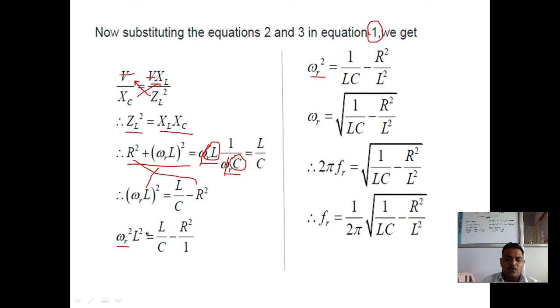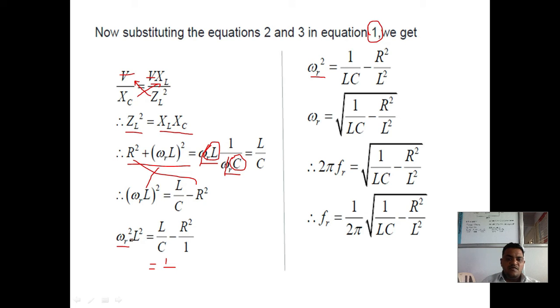Here 1 upon LC means you multiply by the term L square. R square into L square means this equation has to be modified in such a way that 1 upon LC remains, and this L square will be remains as it is.